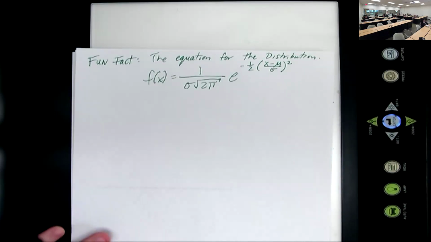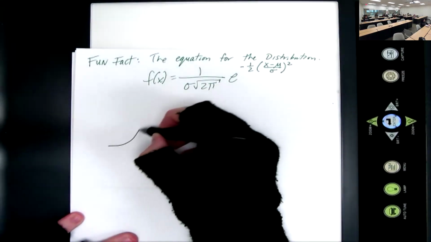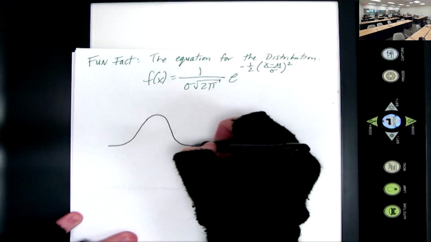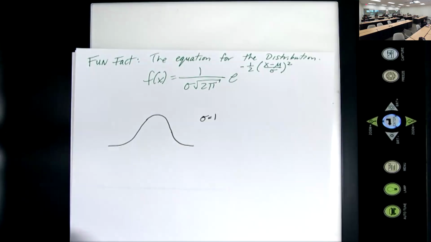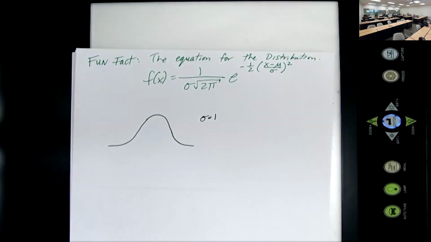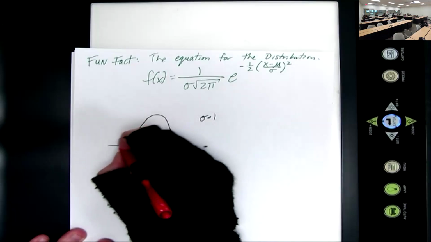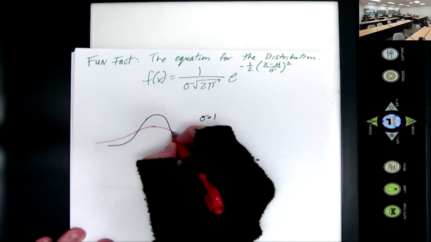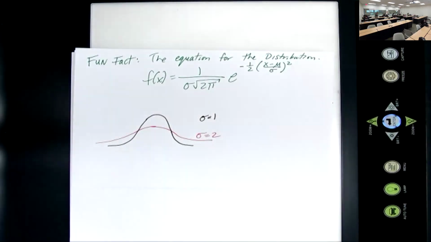Now, not all bell curves are the same. I could have a bell curve like this, where the standard deviation might be 1. And it might be lower in the middle, but higher on the ends, and that one might be a standard deviation of 2.